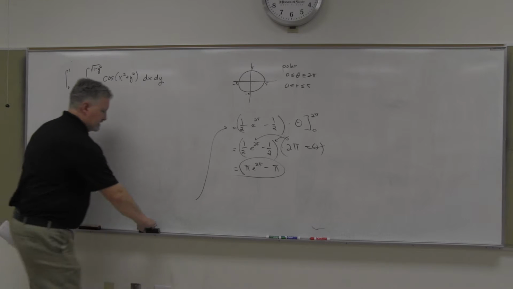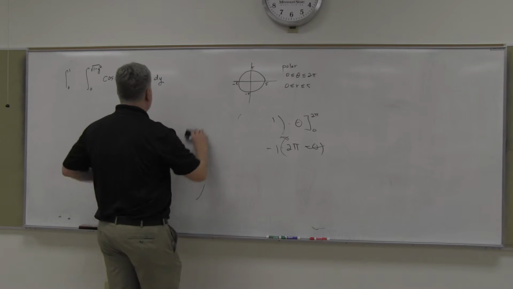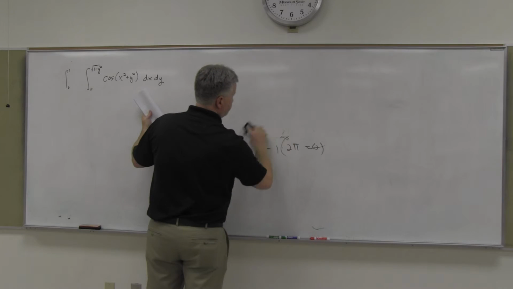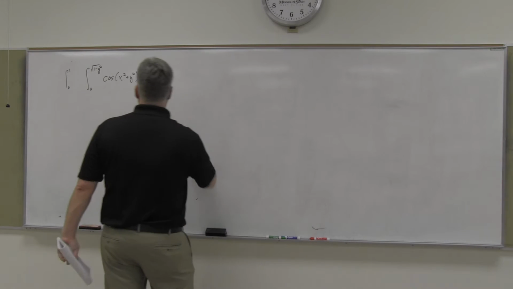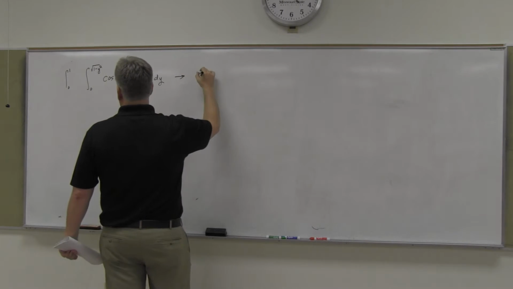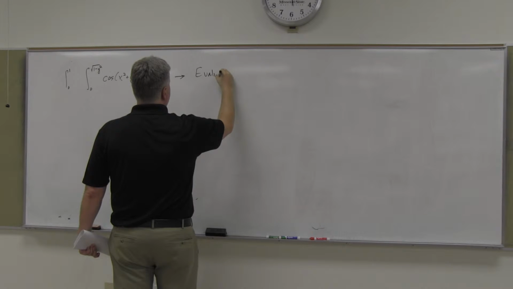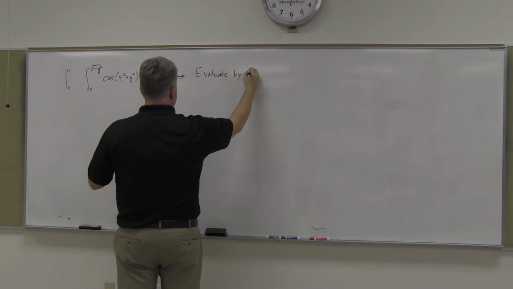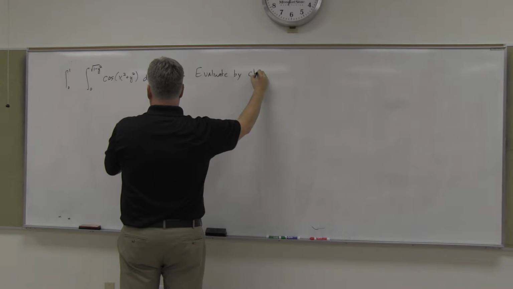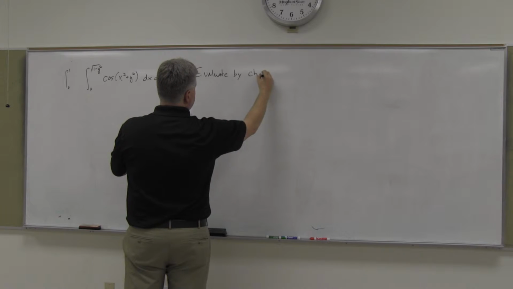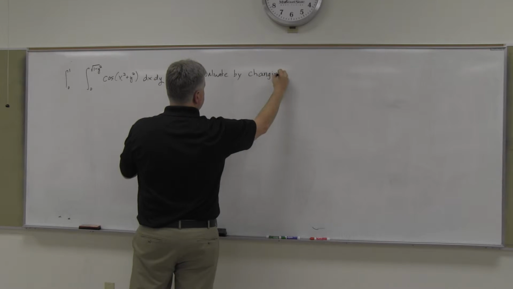So let's evaluate this by moving it to polar. It doesn't tell us what this particular region is we're integrating over, but here's what we're going to evaluate by converting to polar.